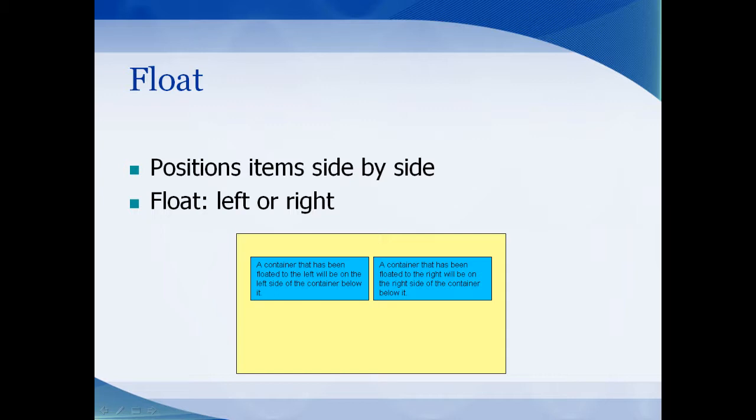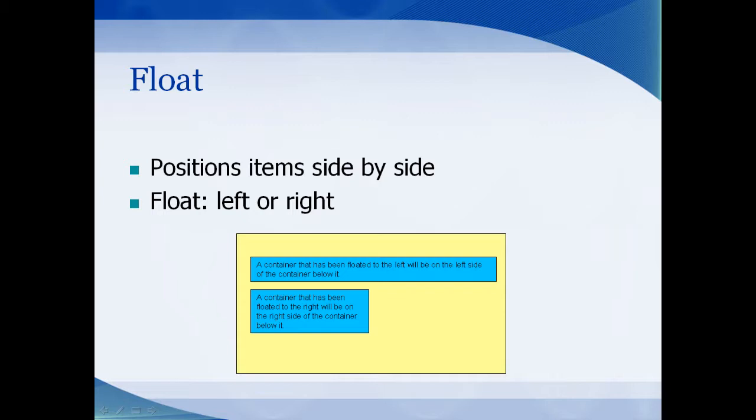So if you float the item to the left, the item will be on the left, and the tag below that particular item will appear on the right. If you float something to the right, the item will be on the right-hand side, and whatever is below it will be pushed to the left side.